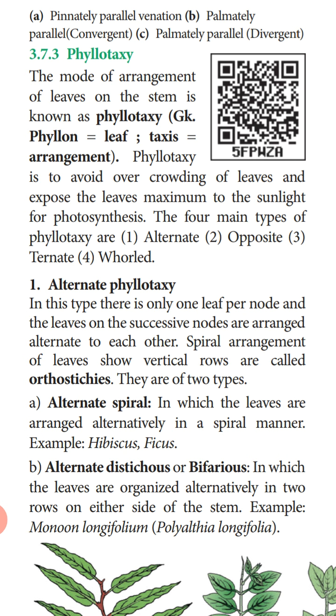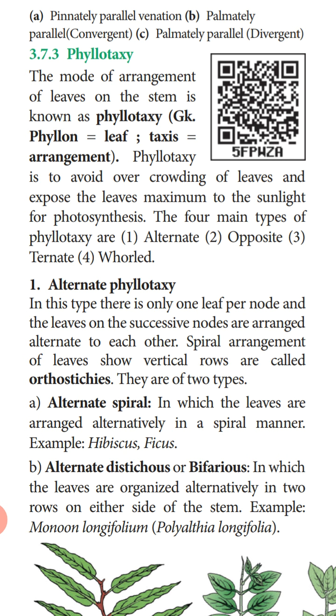Again at the next node the leaf is present in the north. That is, the leaves are present only in two rows, alternately, and then it is called alternate distichous. Whereas in alternate spiral, the leaves will be present in all directions: north, then northeast, then east, then towards the northwest.